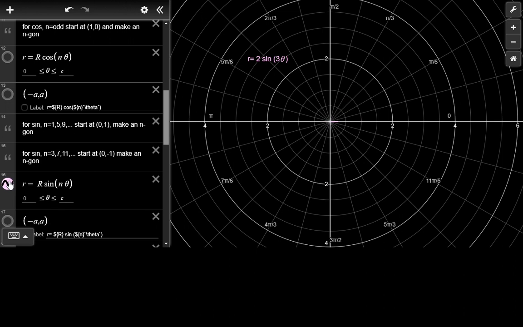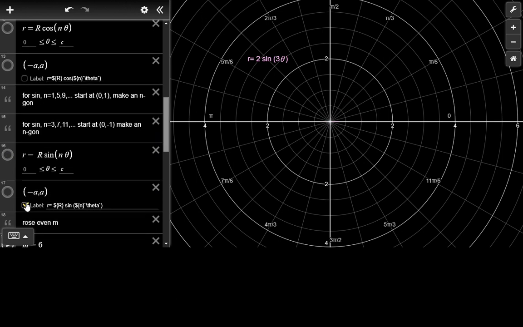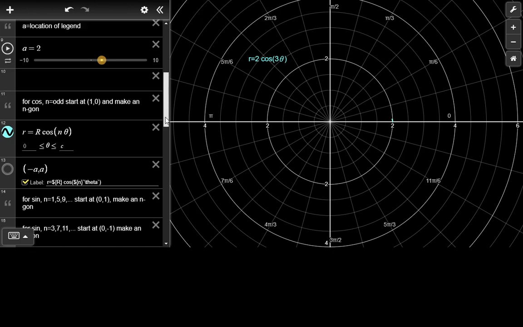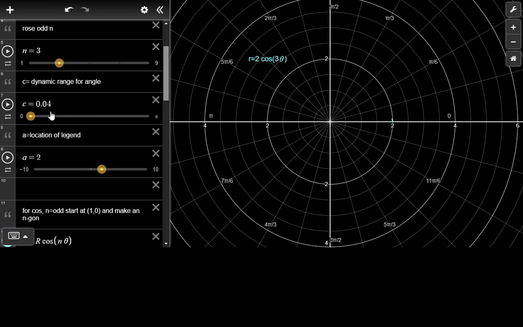Let me erase these things out and choose my cosine and also label it. Now we have cosine 3 theta. Let's go back and start again. So where does this go? Now you see the starting point. The starting point now is at the tip, the right tip.